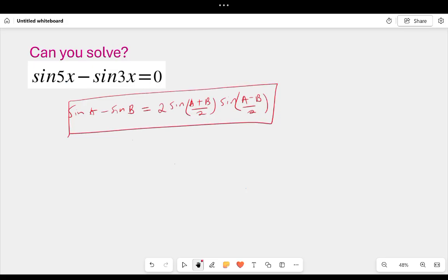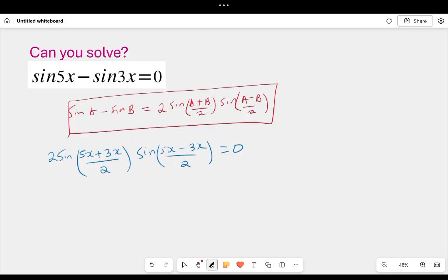Now, next, applying this formula in the equation, we are going to simply have 2 sine (5x plus 3x) divided by 2, and then sine (5x minus 3x) divided by 2, which is equal to 0.